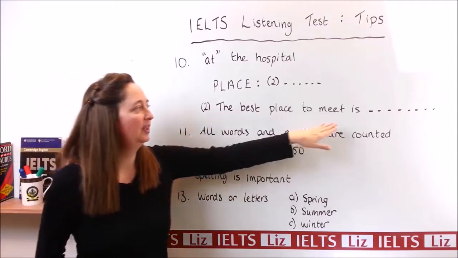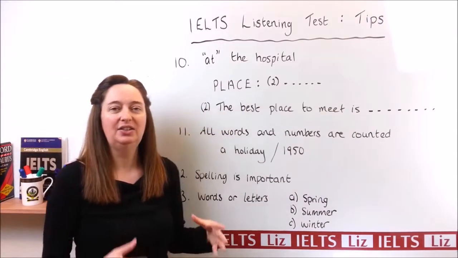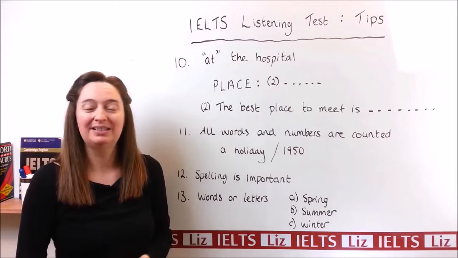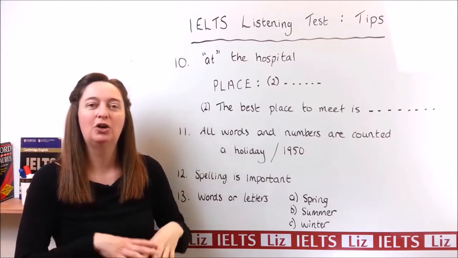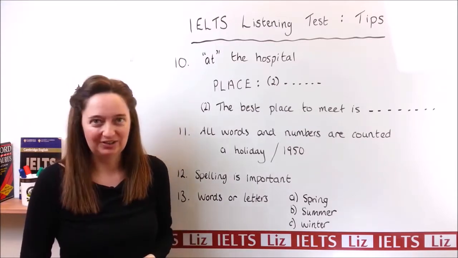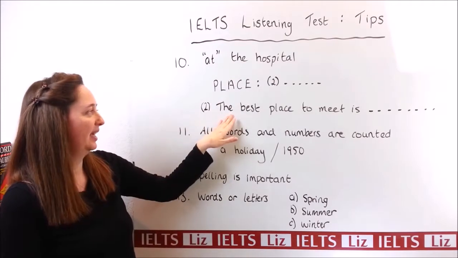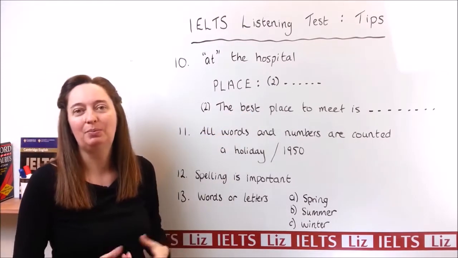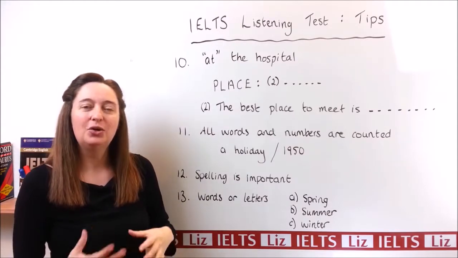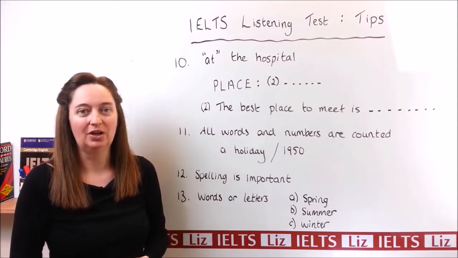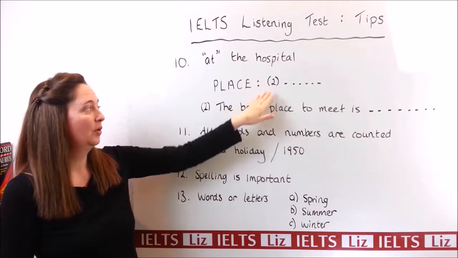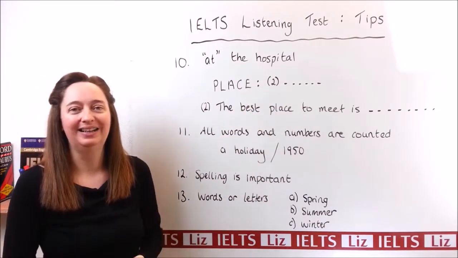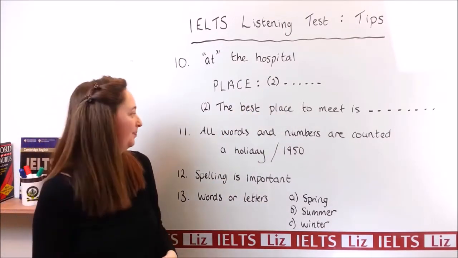And that means when we fill in the answer here, the sentence must be grammatically correct, because we are completing the sentence. So here we would say the best place to meet is at the hospital, and that would be 3 words. So you need to look at the type of question. Are you just making notes, or are you completing sentences?